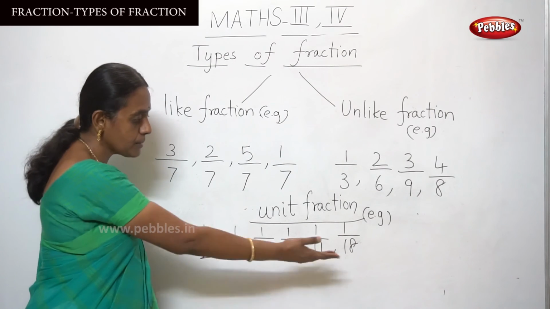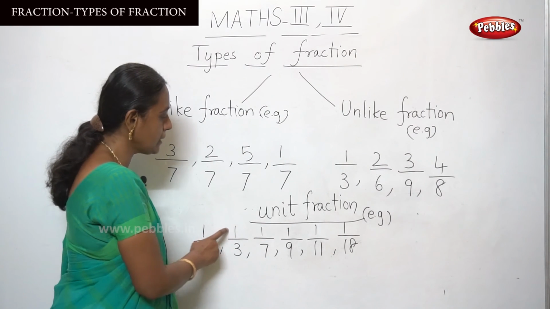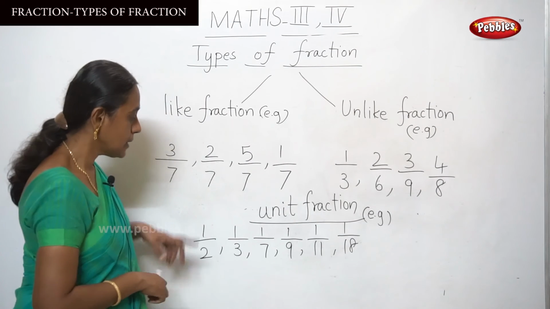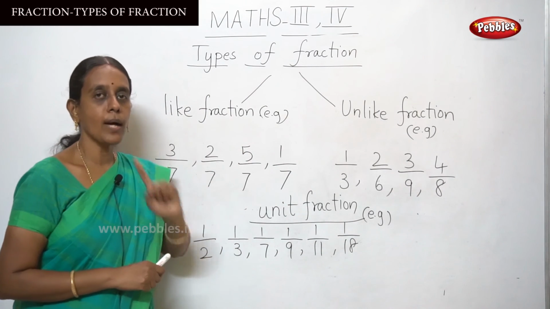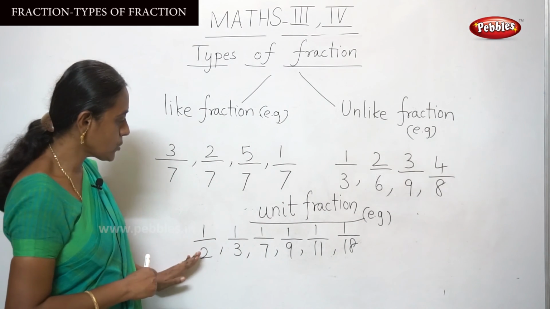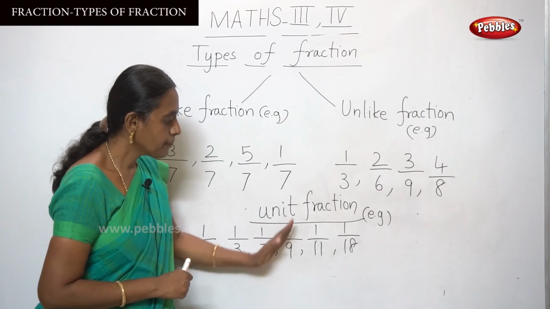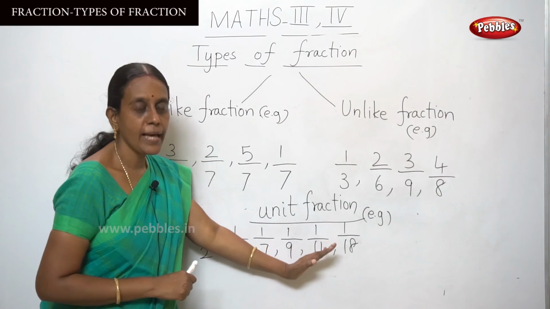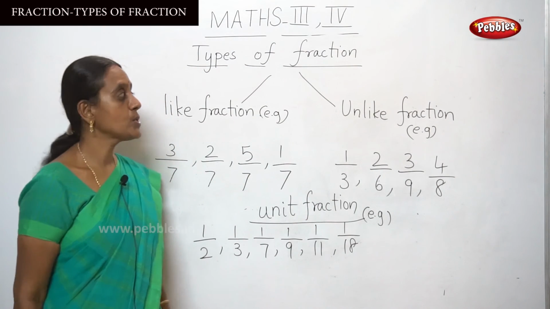The denominator numbers are different, they vary in number, but you should observe that all the numerators are 1. So 1 by 2, 1 by 3, 1 by 7, 1 by 9, 1 by 11 and 1 by 18 are called unit fractions.